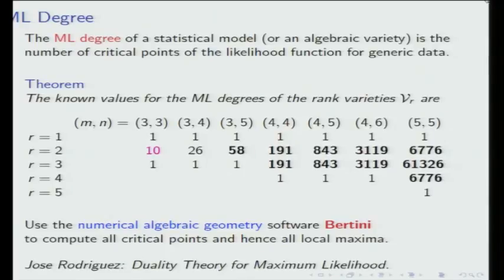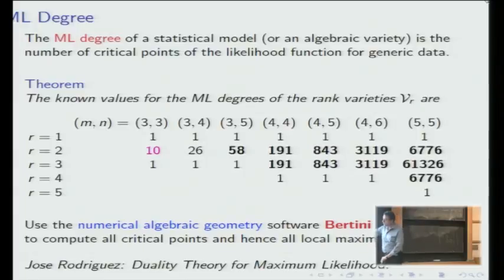But in the last 5 years, it's been recognized that using purely numerical methods, you can go further. And many of the things you can do with Macaulay and so on, you can do with Bertini. So this was all done with Bertini. But we were very surprised to find that there's a symmetry down the columns. So we didn't expect that.